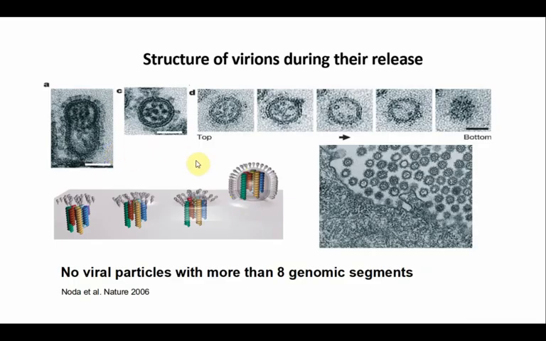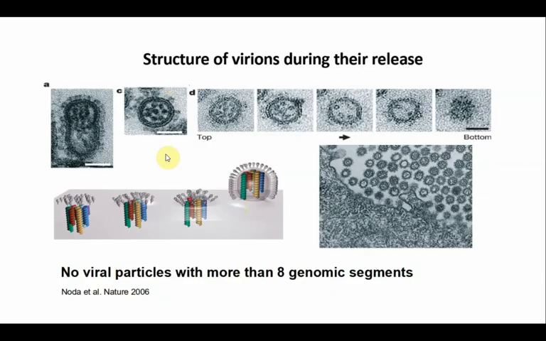And also what you can do, if you're very lucky, is get ultra thin sections through an individual virus particle. So you can look and see we've got 1, 2, 3, 4, 5, 6, 7, 8 genome segments in here. Each one of these is virus RNA together with the nuclear protein.